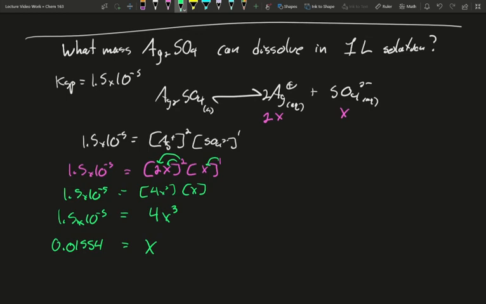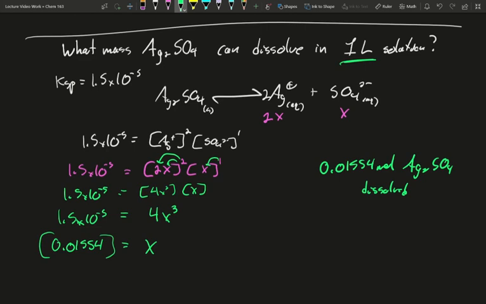This tells us the amount of sulfate, which is 1-to-1 with the amount of silver sulfate. So really it tells me the moles of silver sulfate. Technically we're talking about concentration here, but we're in 1 liter, so our moles is our molarity. And so 0.01554 mole of silver sulfate must have dissolved in that 1 liter.